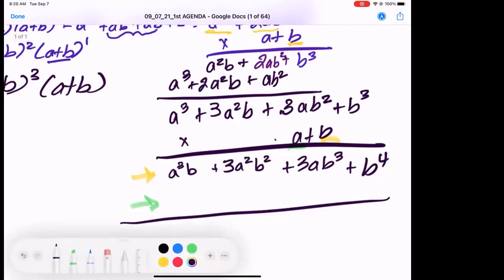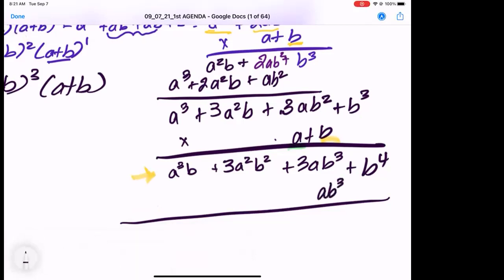Next step, multiplying all the terms by a. So if we multiply all the terms by a, we will have b cubed times a, b cubed a, right there. Then 3ab squared times a is going to be 3a squared b squared.